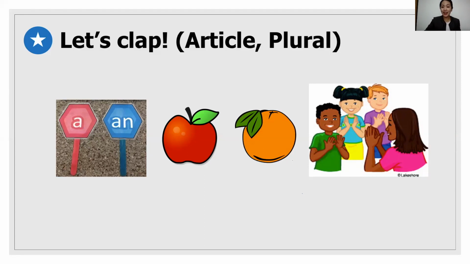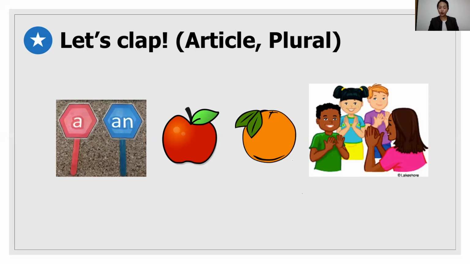And then this is a clap. If you want to use a clap game, like "a" for one clap, "an" for two claps, like this. So, pen, student, shoe, one clap. What about elephant? One or two? Two claps, like this.